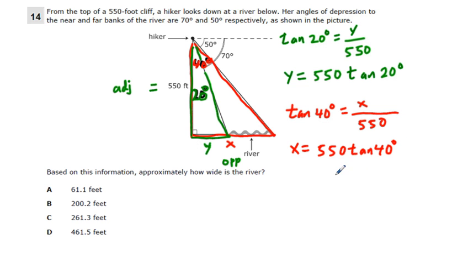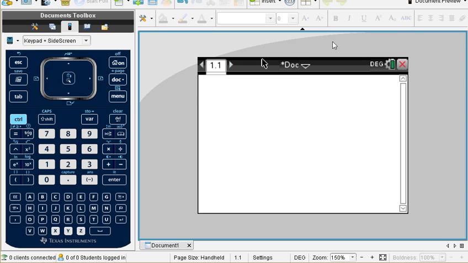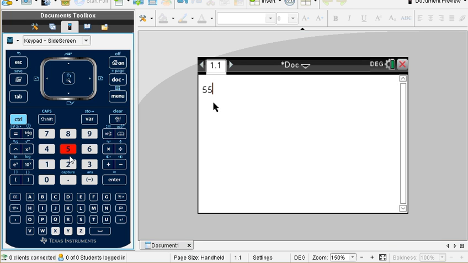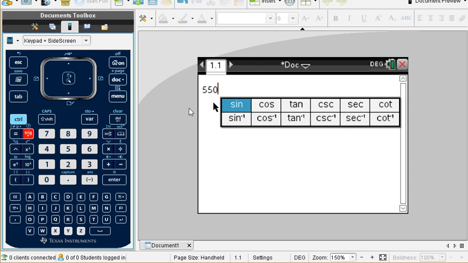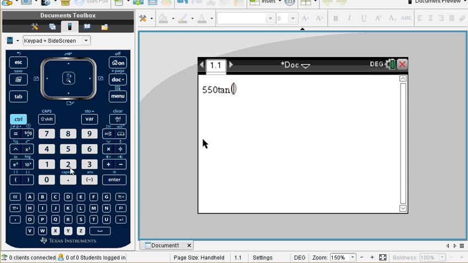Now we can just go to our calculators, and our calculator says we are in degrees. That's helpful. So for the first one, 550 times tangent of 20 degrees.